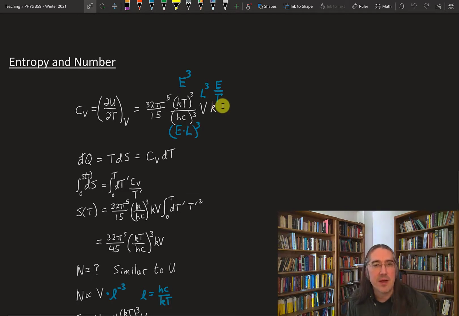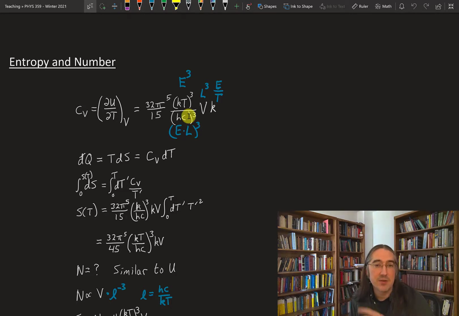Now I've written a bunch of funny things around this in blue, because when you look at this formula, it's maybe not immediately apparent that it has the right units to be a heat capacity. So I just wanted to quickly take a look. These are just numerical constants, so they have no dimensions. kT is an energy, so we've got energy cubed. hc is a little funny, but Planck's constant is joule seconds, or energy times time.